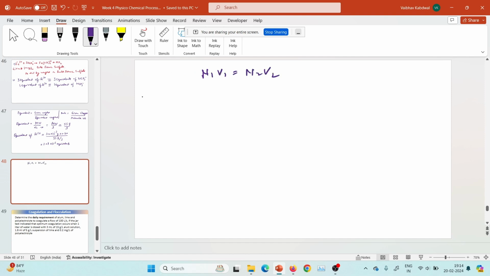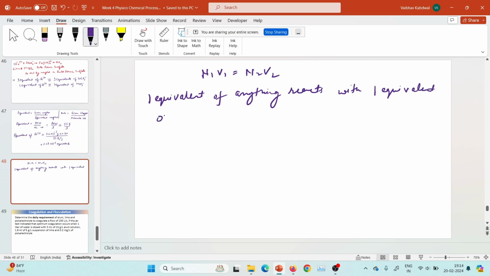It says one equivalent of anything reacts with one equivalent of any other thing.